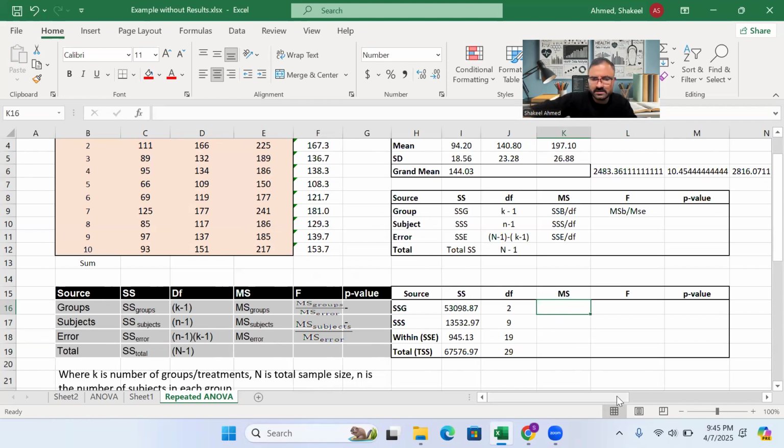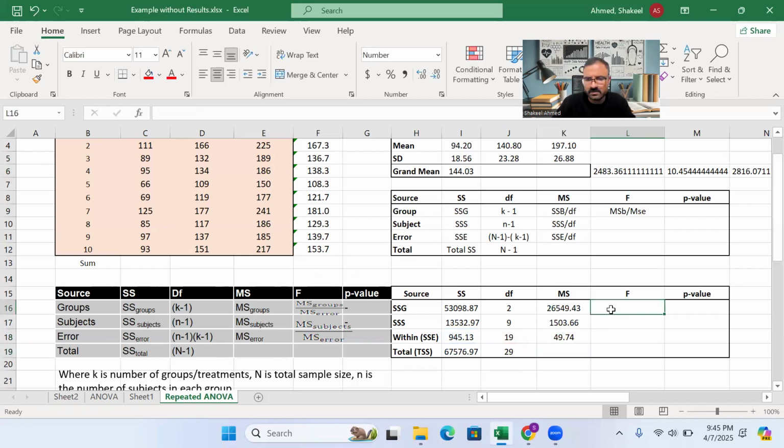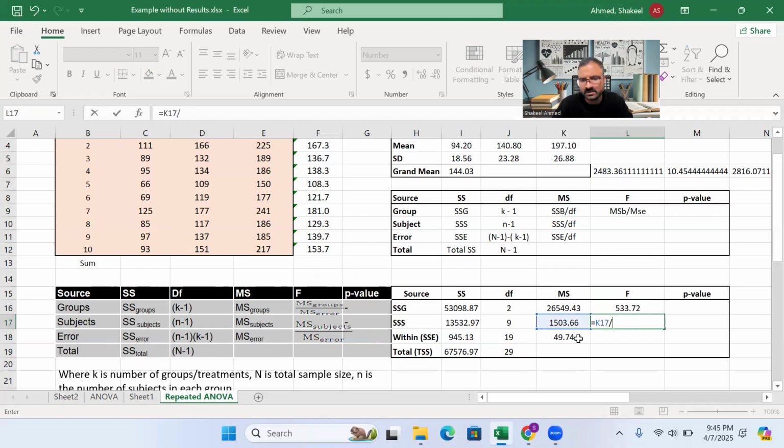So the mean square error is just this divided by 2, and this divided by 9, and this divided by 19. So we can find the F statistic for between groups, divided by this.